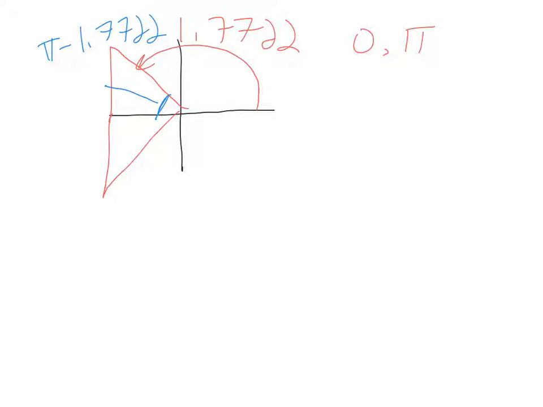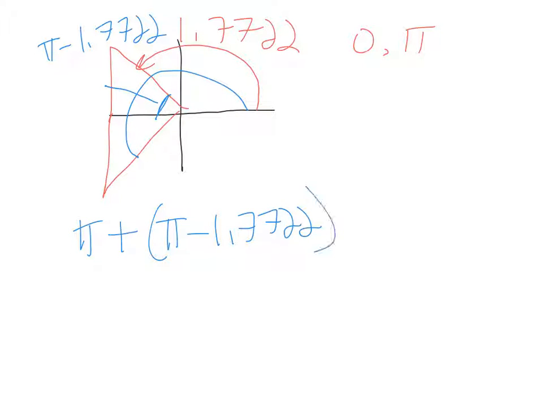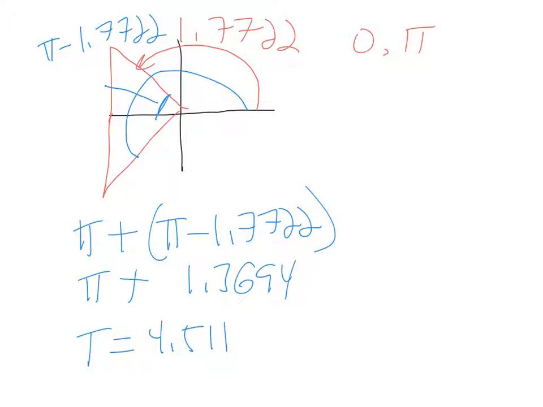And then to get this full angle, we're going to do pi plus whatever that reference angle is. And when I did this earlier, I came up with this expression was 1.3694. I'm going to add pi to that, or 3.14, so I got t equals 4.511 was the other solution.